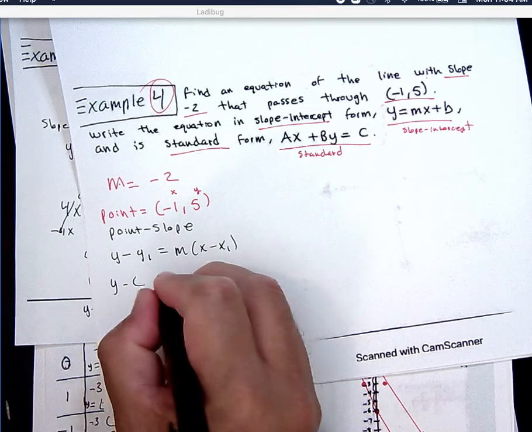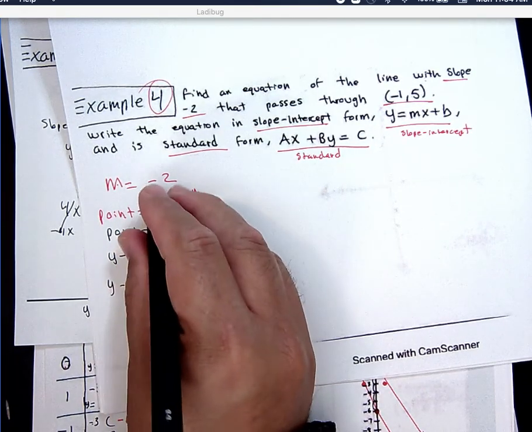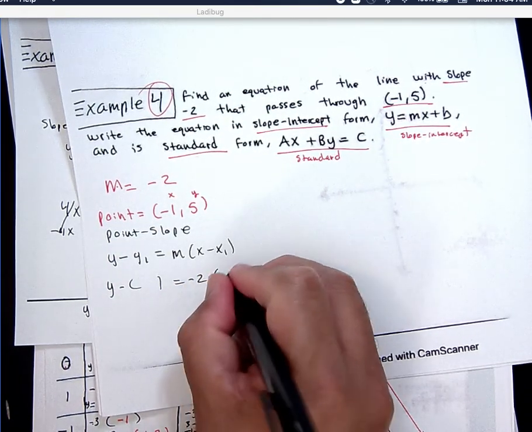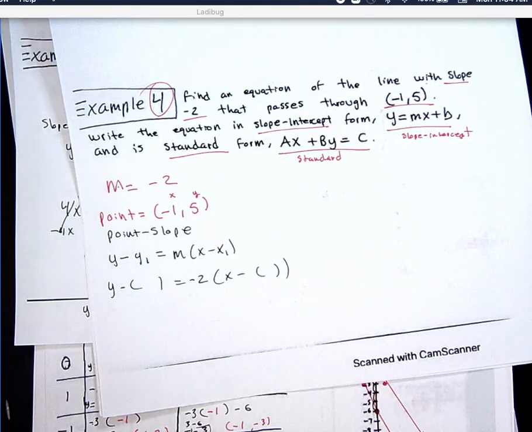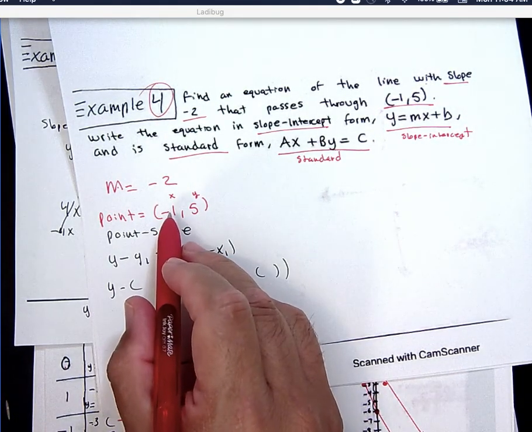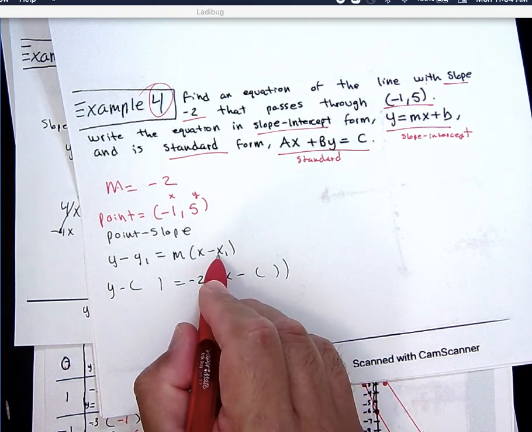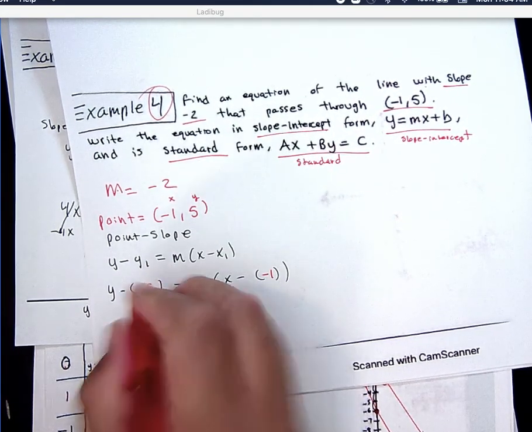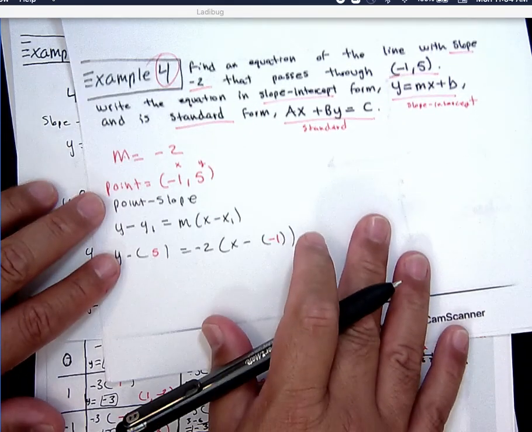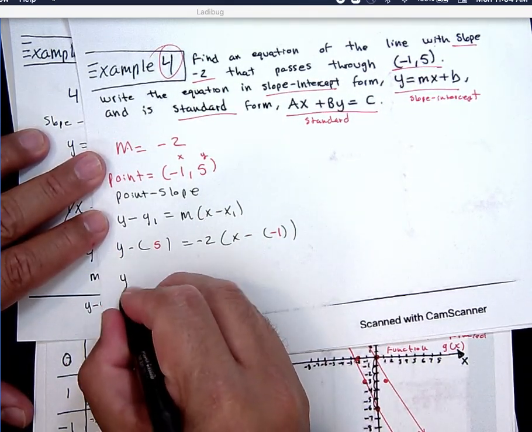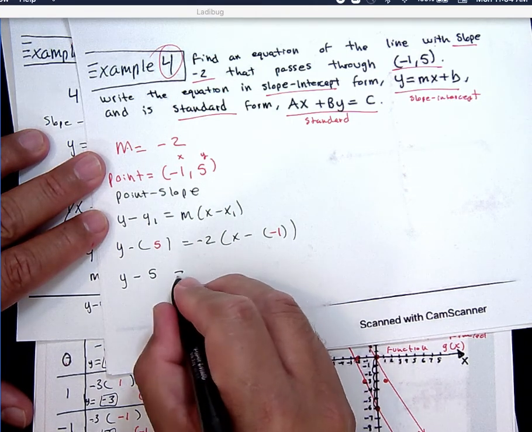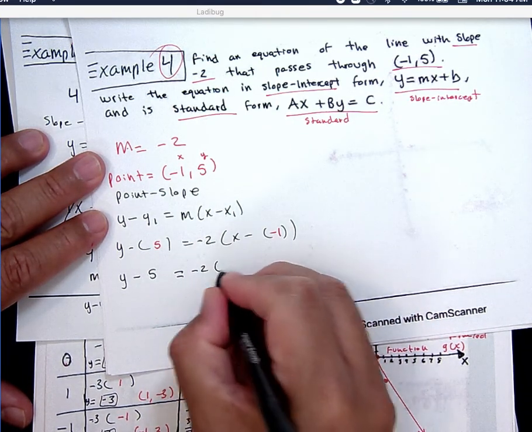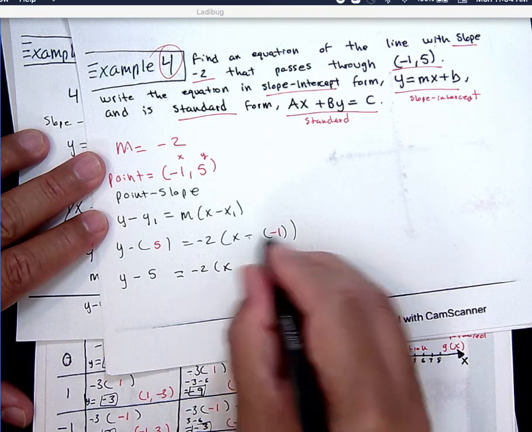So let's write it like this. So what's the slope? Negative 2 times x minus x1. And what's the point? The x goes here, remember. That's the x. So negative 1 here, and the 5 over here. So what do you have? You have y minus 5 on this side. Negative 2 times x plus, minus minus gives you plus 1.